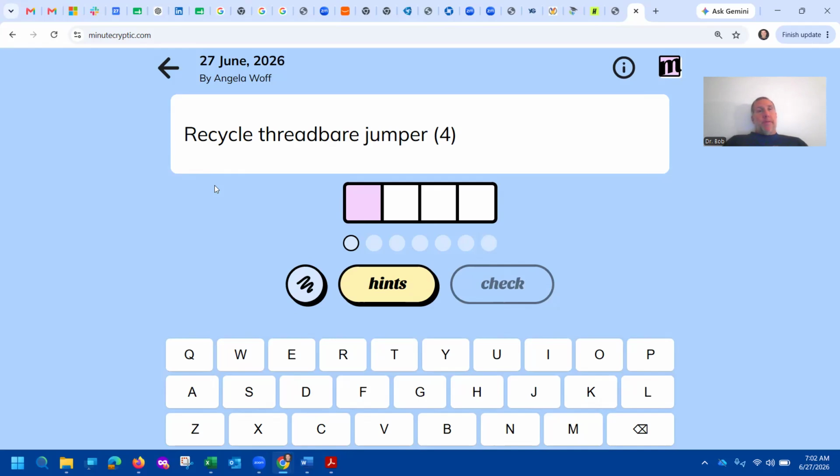Jumper, recycle, threadbare, jumper. Like, I don't even understand the surface of this.